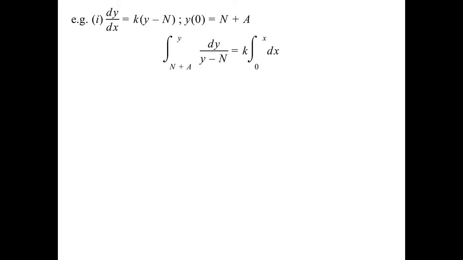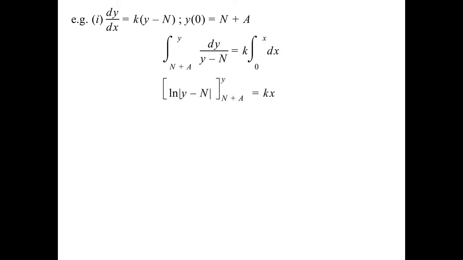So if I rewrite it as the integral of dy over y minus n equal to some constant times the integral of dx, we know the initial population is n plus a. So we match those up, and we're trying to link y and x in this case. So the right hand side, well, if I'm just going from 0 to x dx, we know that's x, but times a constant in this case.